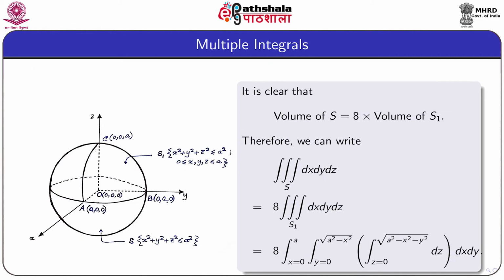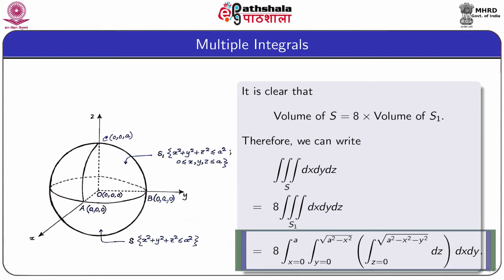We have shown it here. Now, it is clear that the volume of the entire sphere S is 8 times the volume of the part S1. Therefore, we can write the triple integral of dx dy dz over S equals 8 times the triple integral over S1.